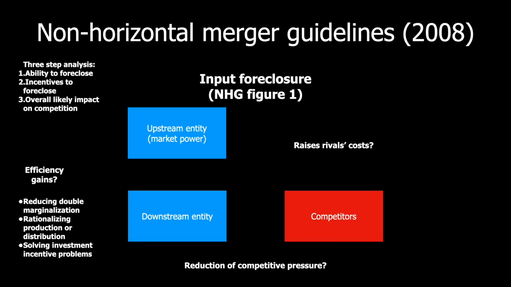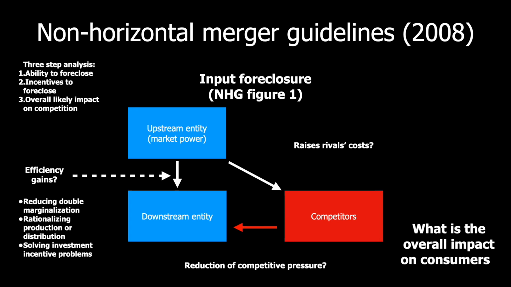In this image, we can see a description of the first scenario, what the Commission calls input foreclosure. If the competitors in the downstream market are dependent on access to the input supplied by the new vertically integrated firm upstream, the latter may increase prices, apply discriminatory terms that favor its downstream unit, or limit supply to downstream competitors.